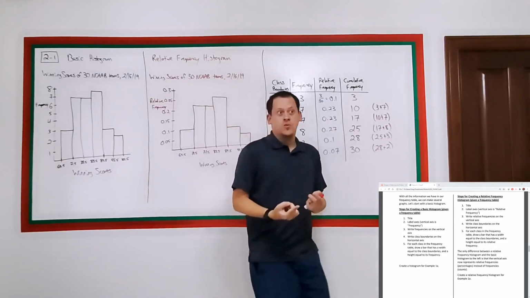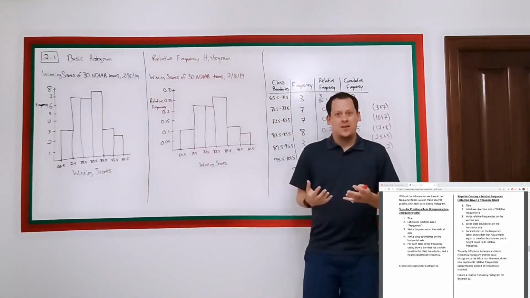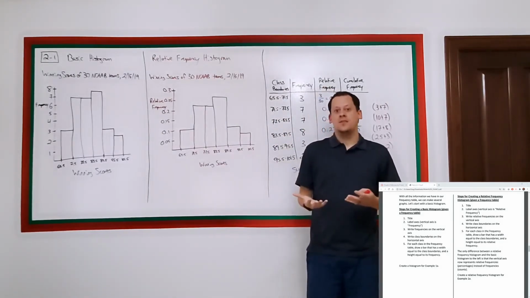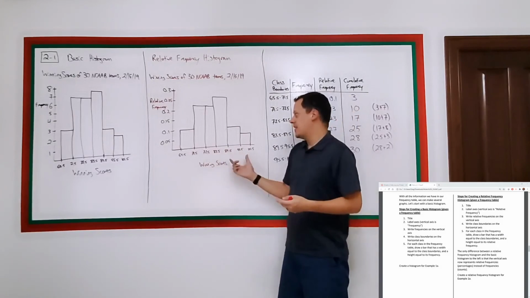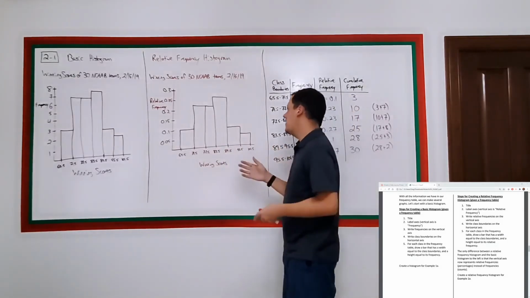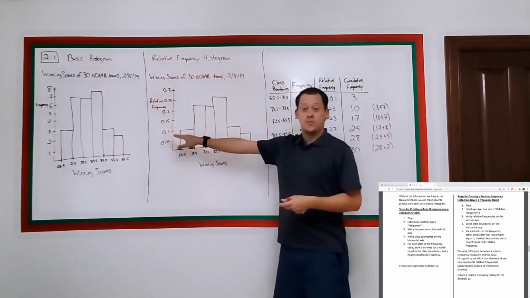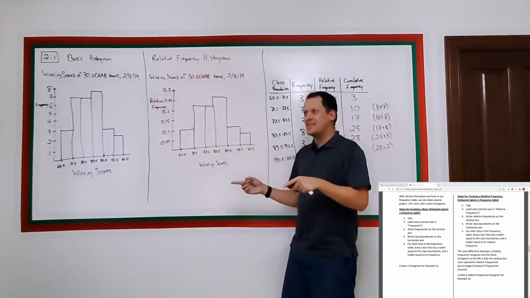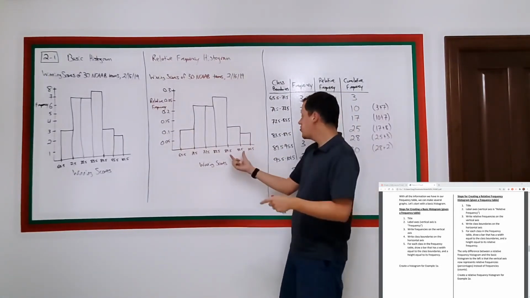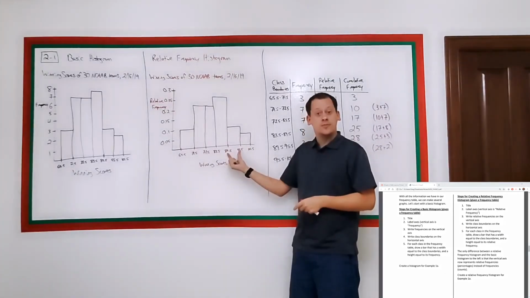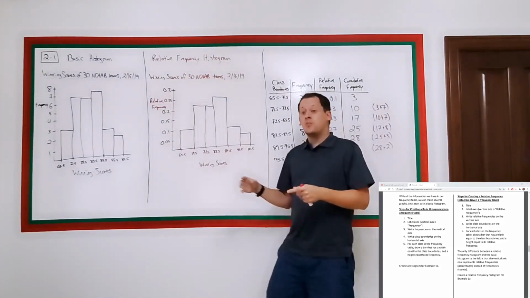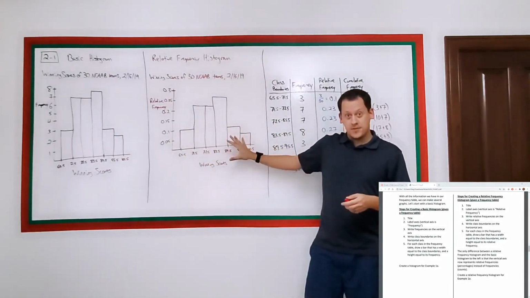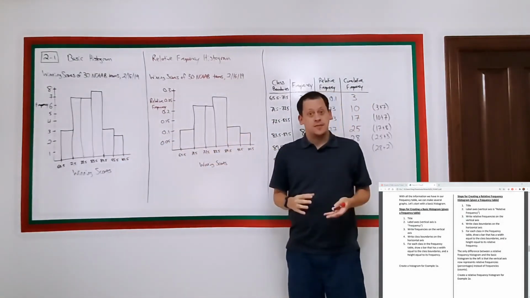Maybe what's important to you is what percent, what relative frequency of the teams scored in a particular class. And I can say, oh, well, okay, 10% of the teams in the sample that won scored somewhere in this range. So it depends on whether you want to talk about the number of teams or the proportion of teams. And that can make a difference.